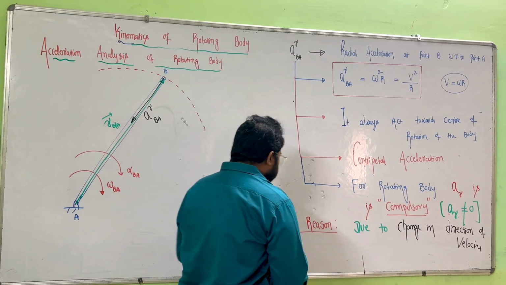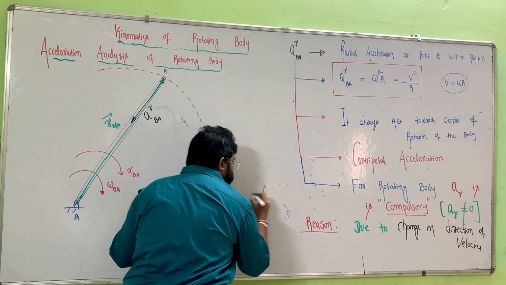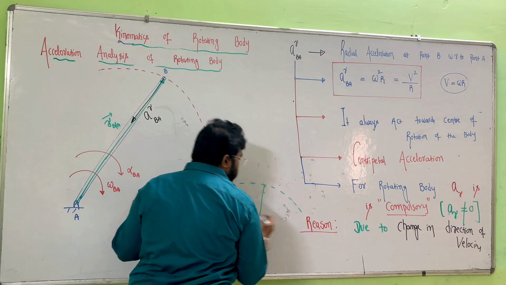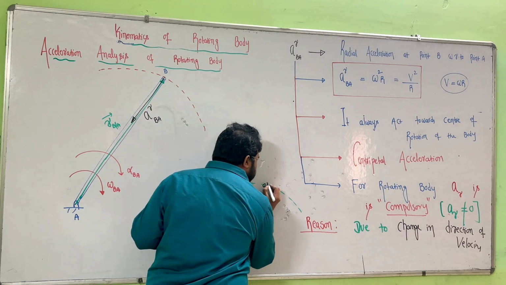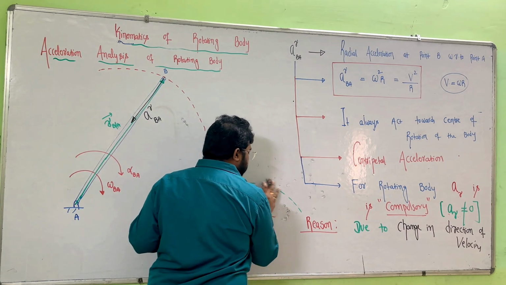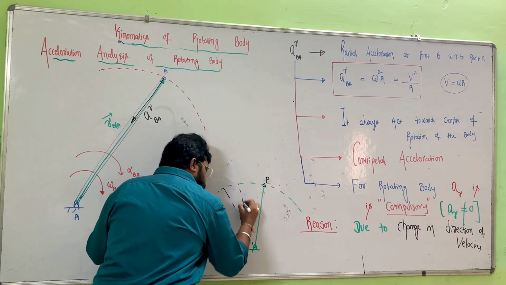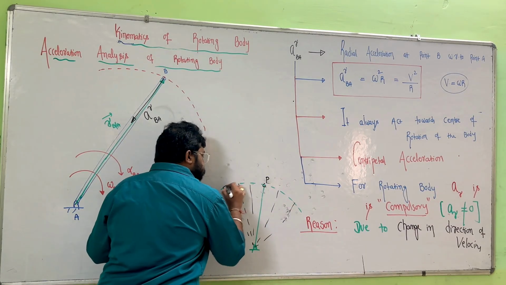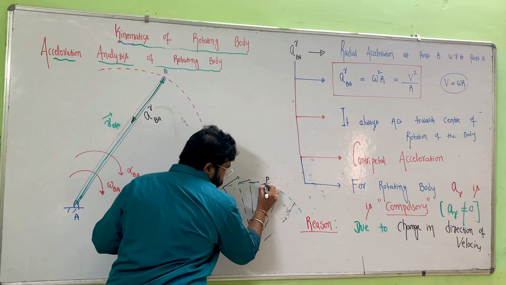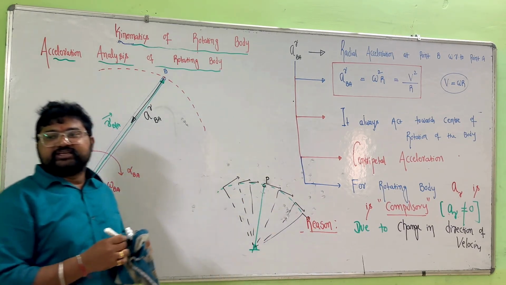Clear? See here. How can you explain this? This is the body. At every instant, the direction of velocity at point B is continuously changing. Correct or not? Take this point, here to here. What is the direction? Like this. It is continuously changing.